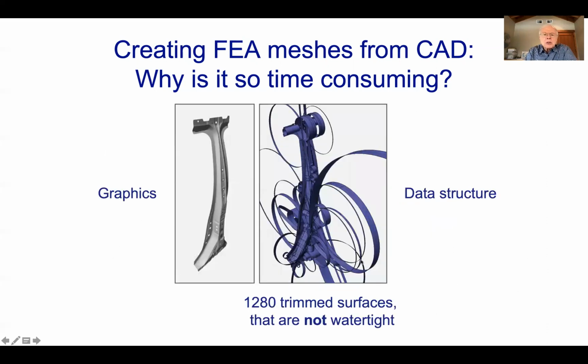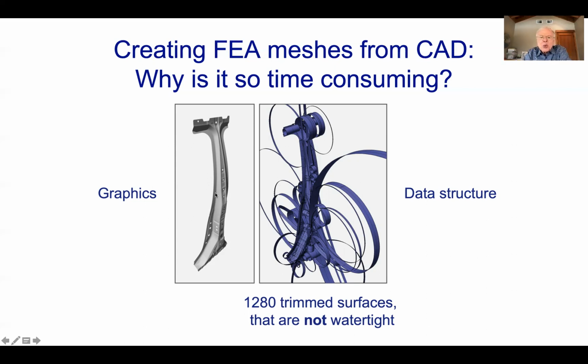Well, those pictures you look at in CAD are masked. They are computer graphics. The data structure is much more daunting, as you can see here. The data structure consists of images of rectangular patches that are intersected. And each patch, part of it is representing part of the real geometry, and part is just cut away, trimmed away.